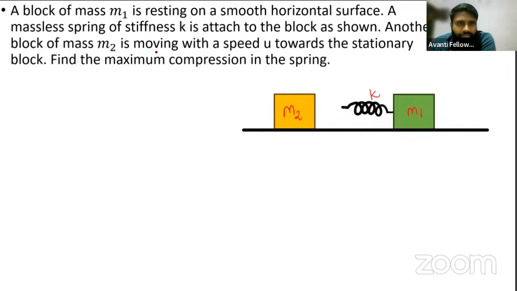Another block of mass m2 is moving with speed u towards the stationary block. Now we have to find the maximum compression in the spring, and this horizontal surface is also smooth, not rough. Okay.